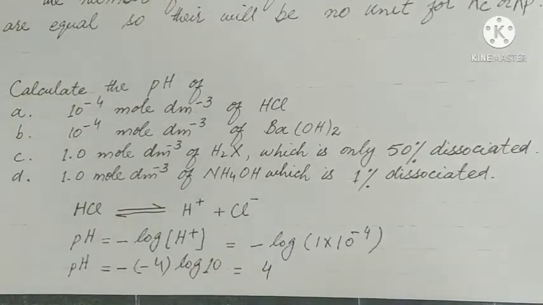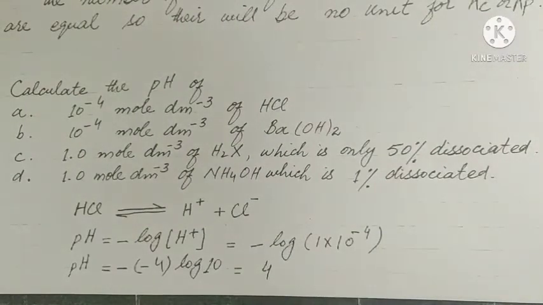In part A, HCl will ionize to form H positive ion and Cl negative ions. And we know that the formula for pH is equal to minus log of H positive ion concentration. The value of H positive ion concentration is 1 into 10 to power minus 4.